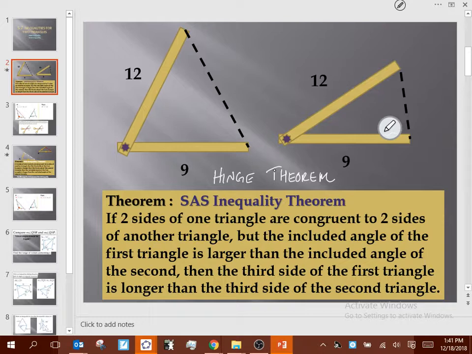It says if you have two sides of one triangle congruent to two sides of another triangle, but the angle that is stuck between, the included angle, they are different, okay, they're unequal, then you can go opposite those unequal angles, and you should be able to tell me how those third sides are unequal.